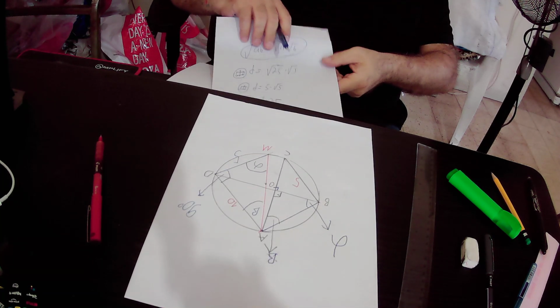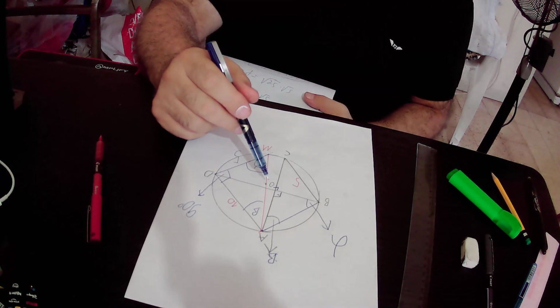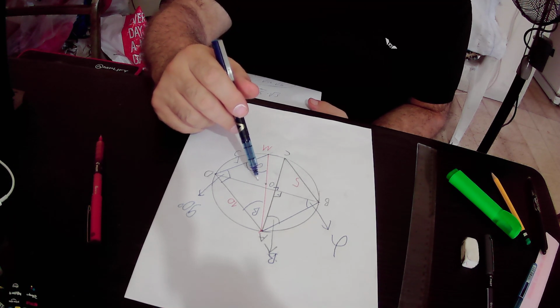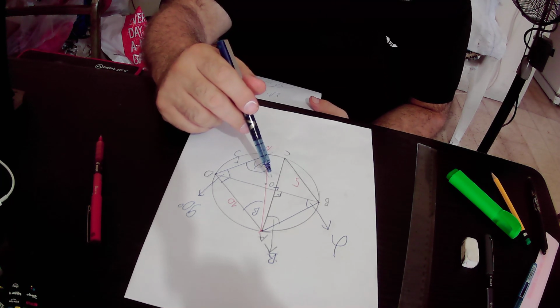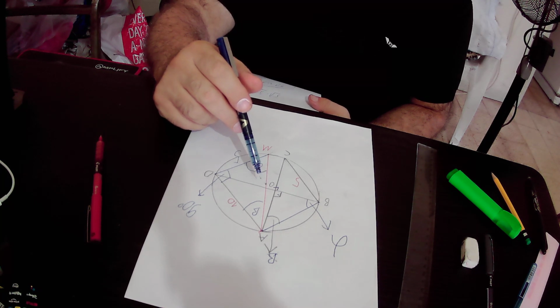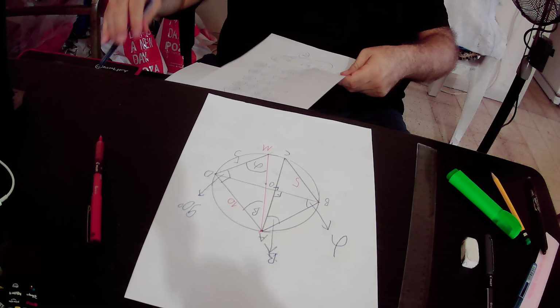Okay, so the radius of this circle equals 5.59 units, or you can also say it equals 5 times root 5 over 2 units. Okay, so now I will summarize the lecture.